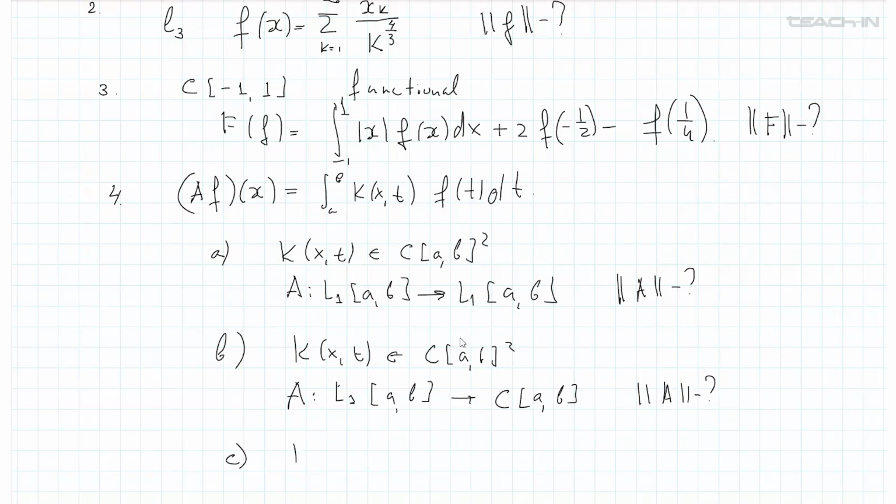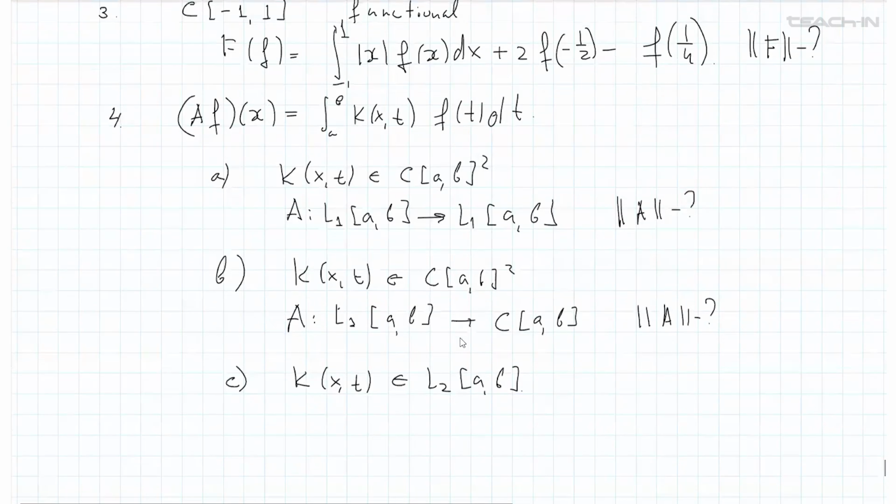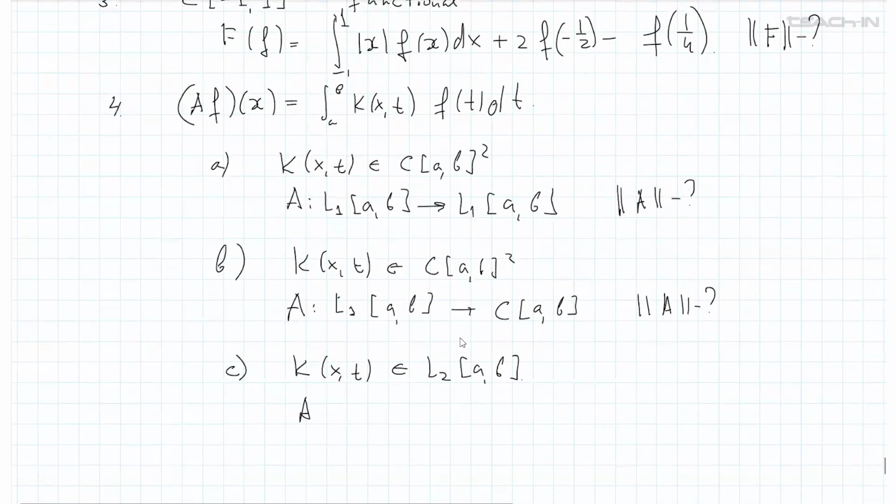C: k(x,t), and consider this operator from L2[a,b] to L2[a,b]. Here I correct this index, it's L1 above.